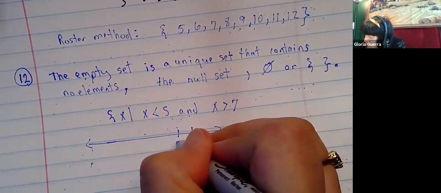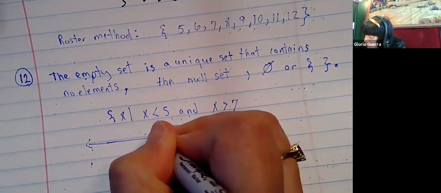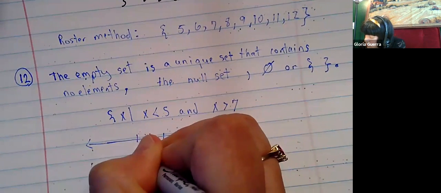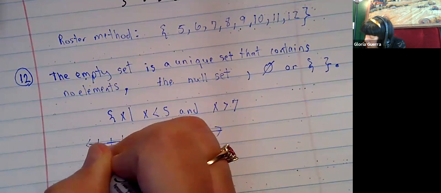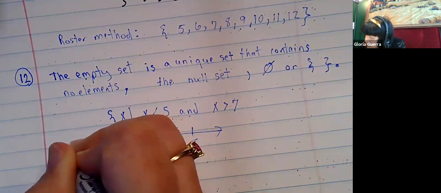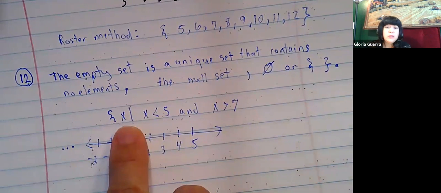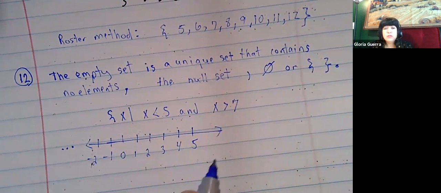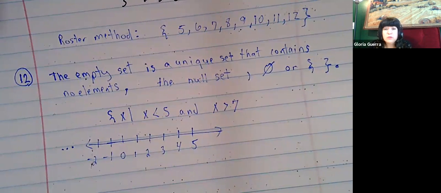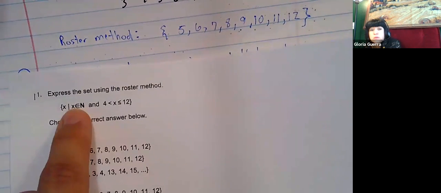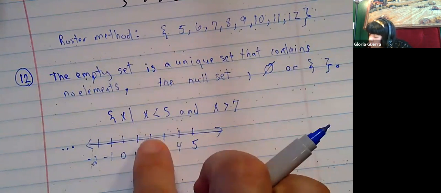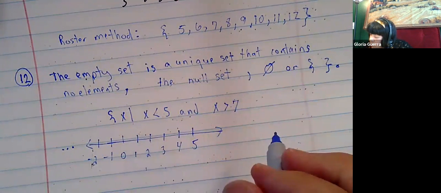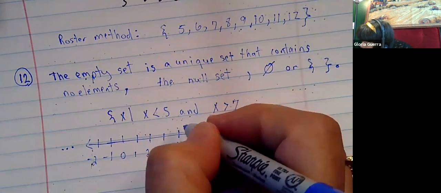So this would be like 4, 3, 2, 1, 0, -1, -2, and dot, dot, dot. It didn't restrict me to natural numbers. Sometimes it'll restrict you and say natural number. It didn't say that. So technically, for X to be less than 5, this looks like this.